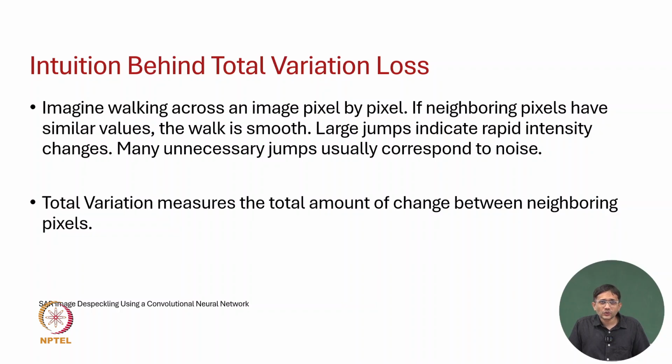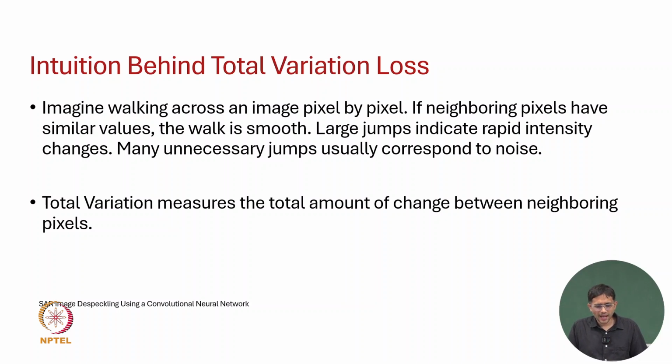So what is the intuition behind this total variation loss? Imagine you are walking across an image pixel by pixel. Now, if the neighboring pixels have similar values, the walk will be smooth, right? Whereas let's say you have neighboring pixels with dissimilar values.